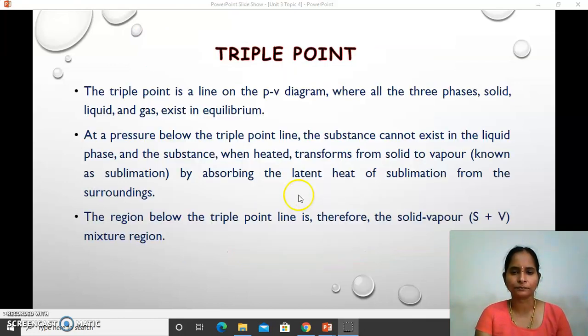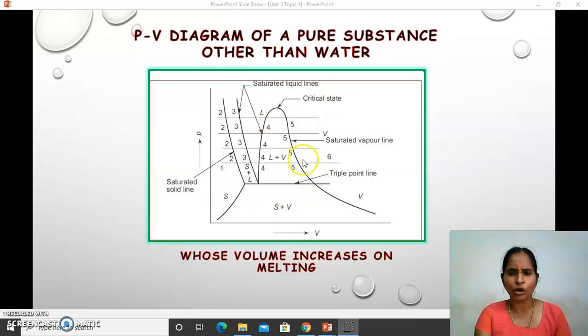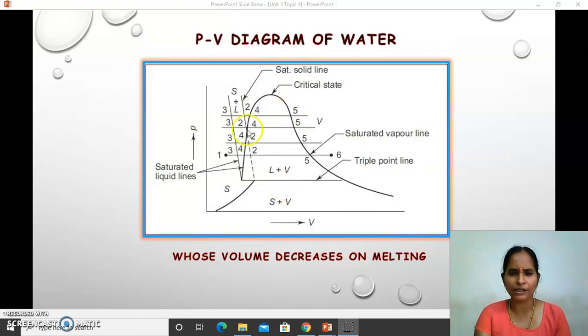Okay, and if we continue about this dome, here you can see this is the liquid plus vapor region, and this is the superheated region, the right side of the dome consisting of the superheated steam region.